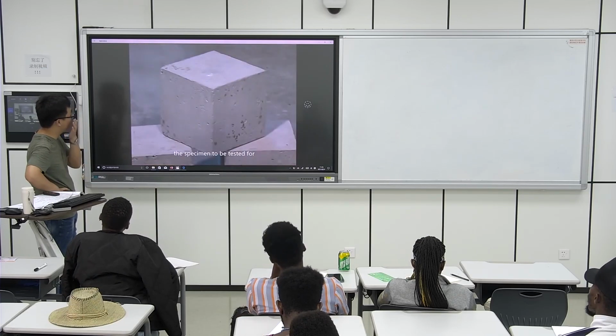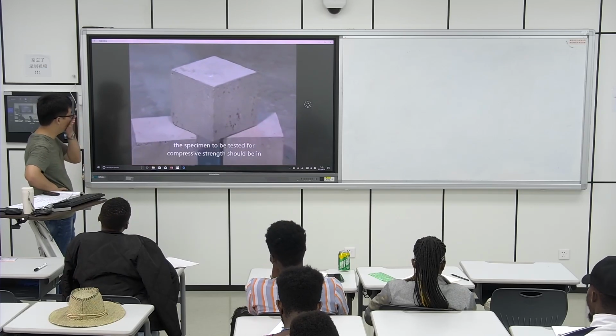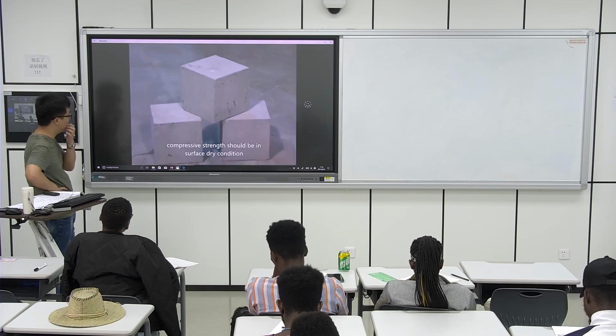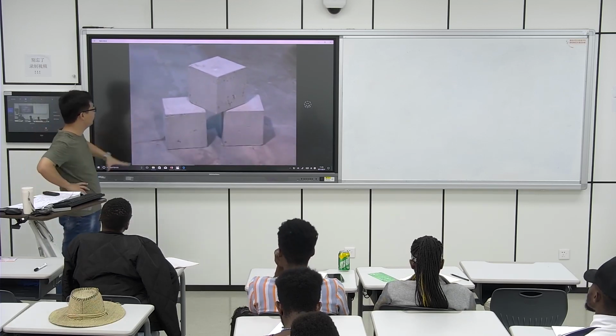The specimen to be tested for compressive strength should be in surface dry condition. Surface dry.